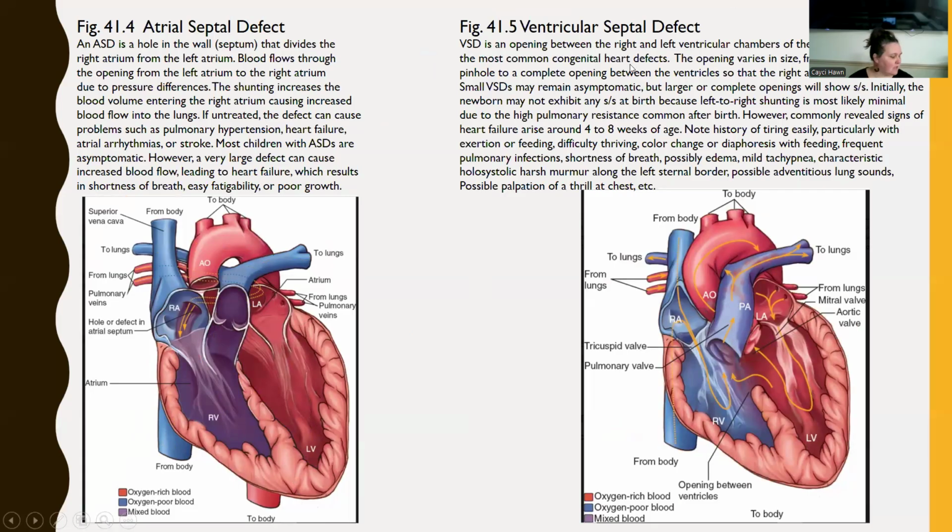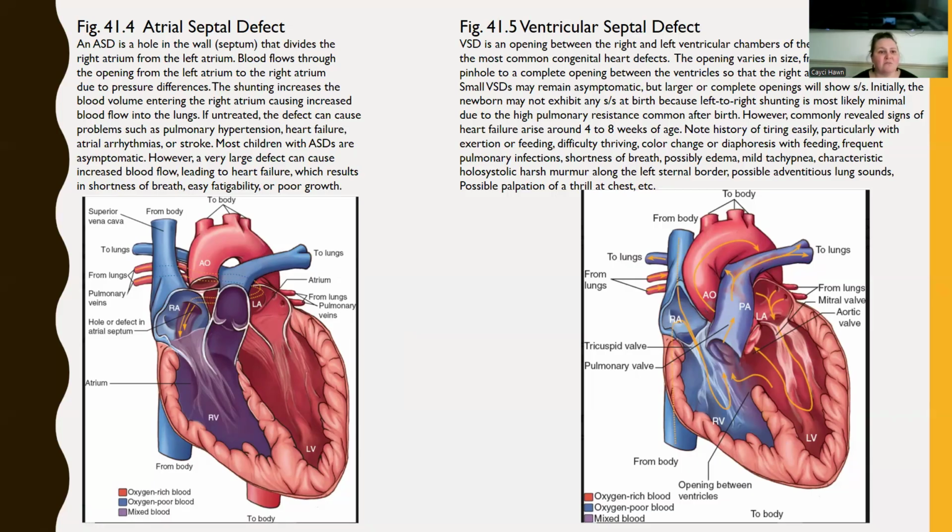Now, let's look at some disorders of the heart that have increased pulmonary flow. So atrial septal defect is a hole in the wall or the septum that divides the right atrium from the left atrium.